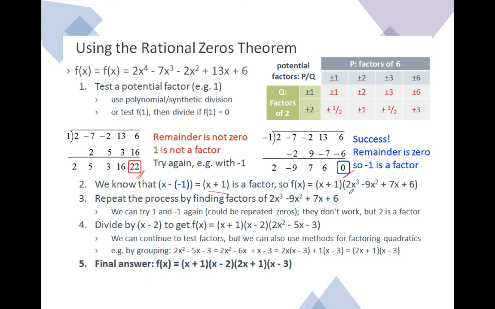Now we can write x plus 1, then 2x cubed minus 9x squared plus 7x plus 6. Now where is it coming from? This is coming from these numbers: 2, minus 9, 7, then 6. And why is it x cubed? See x cubed, x squared, 7x.